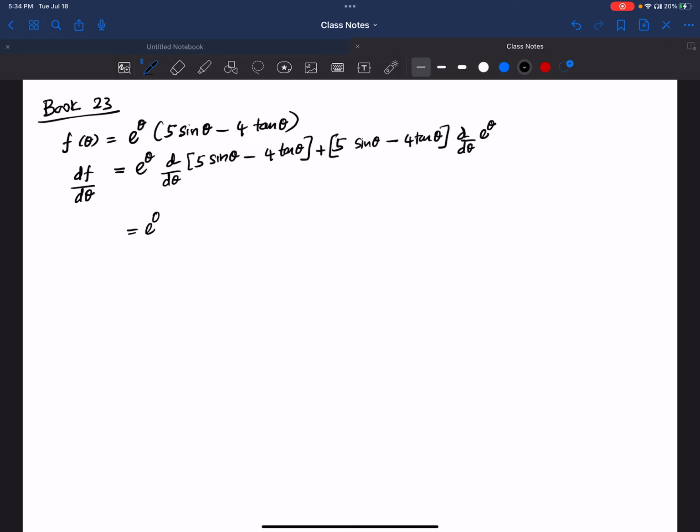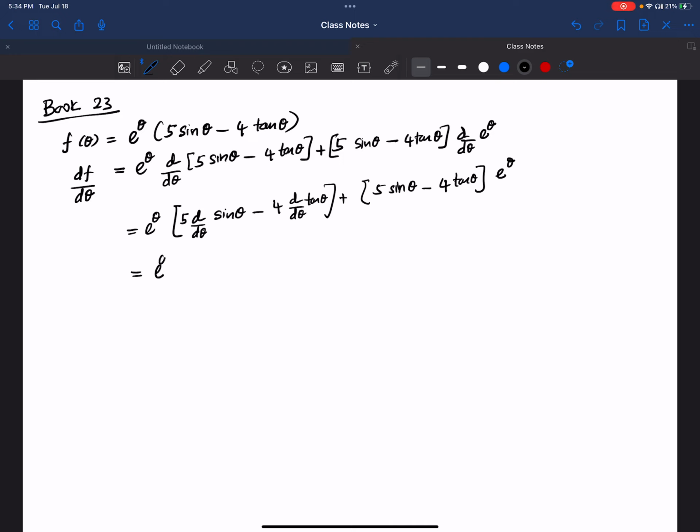So you have e to the power theta, and you can use the sum rule and also the constant multiple rule. 5 you can take out, sine theta minus 4 times d over d theta tangent theta, plus 5 sine theta minus 4 tangent theta times e to the power theta.